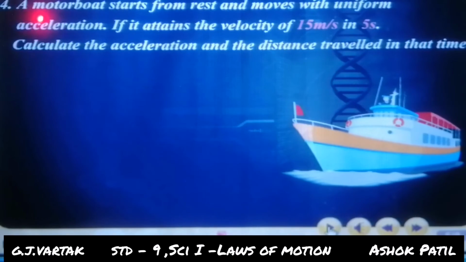Fourth example: the motorboat starts from rest and moves with uniform acceleration. If it attains the velocity of 15 meter per second in 5 seconds, calculate the acceleration and the distance traveled in that time.